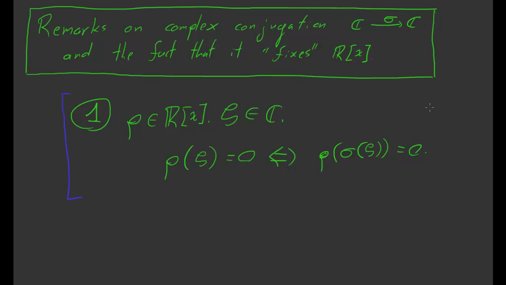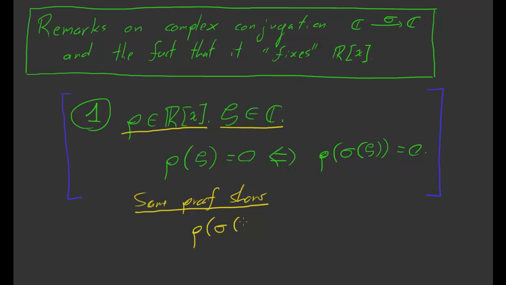And the first remark is that that same proof actually establishes a somewhat stronger claim. The same proof shows that for any p that's a real polynomial, and for every zeta that's a complex number, p of sigma zeta is equal to sigma p of zeta.